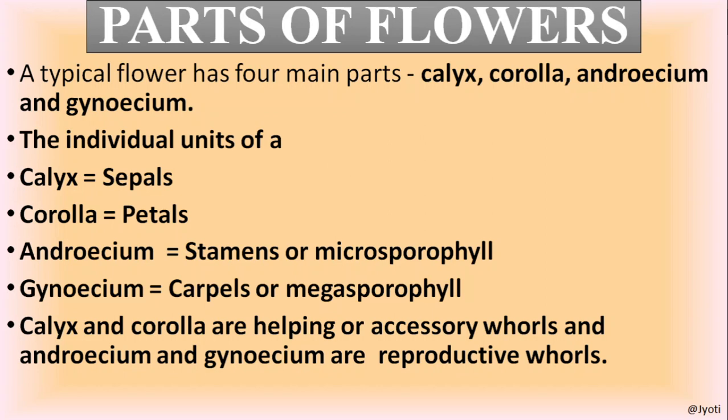The gynoecium is the fourth main part, and its individual units are called carpels or megasporophyll. The calyx and corolla are the accessory whorls, and androecium and gynoecium are the reproductive whorls. As I have told you, the calyx and corolla are also known as vegetative whorls.